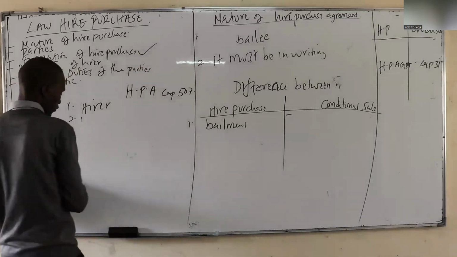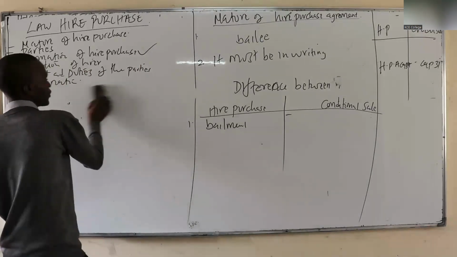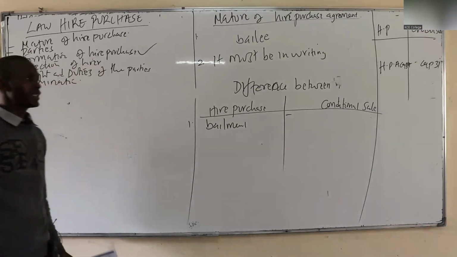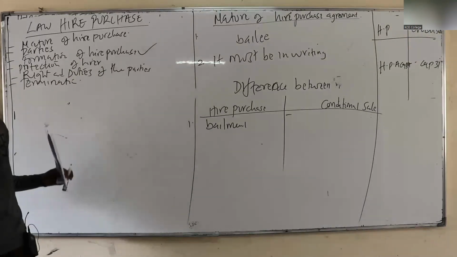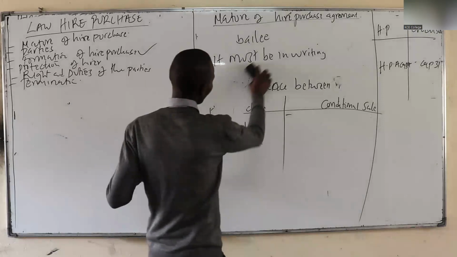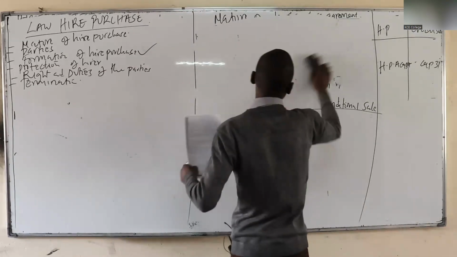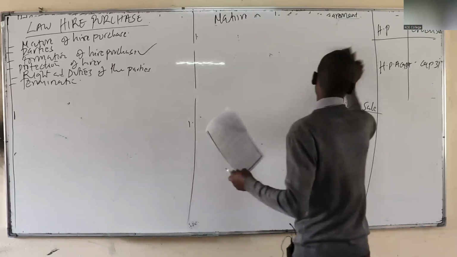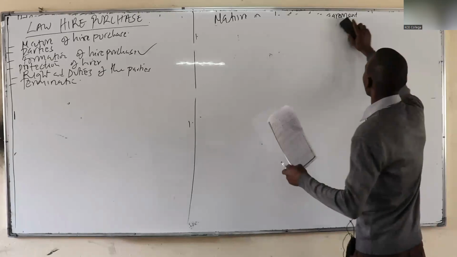Let's also check on the formation of the hire purchase contract. So those two are the ones just to help you understand how a hire purchase contract operates, okay? So you can now elaborate whenever you are asked about hire purchase, or if you are asked about differences, you can give those.